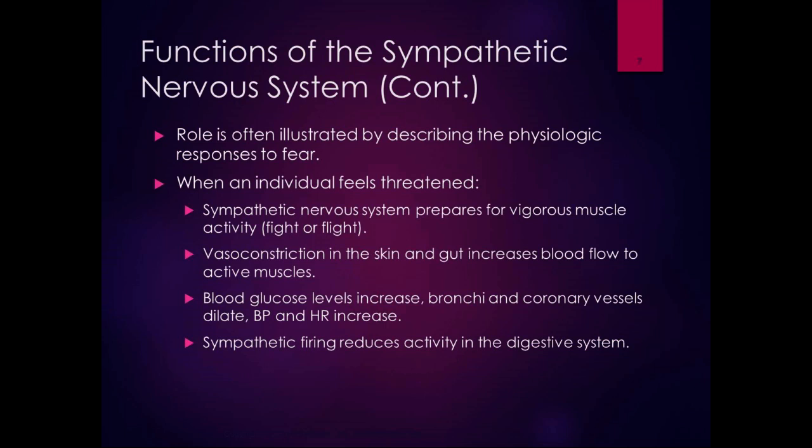So we vasoconstrict in the skin and gut, and that increases blood flow to active muscles. Gives us the power to fight or run away from the tiger. It increases blood glucose levels. It dilates bronchi and coronary vessels, so we get more oxygen. And it increases blood pressure and heart rate.